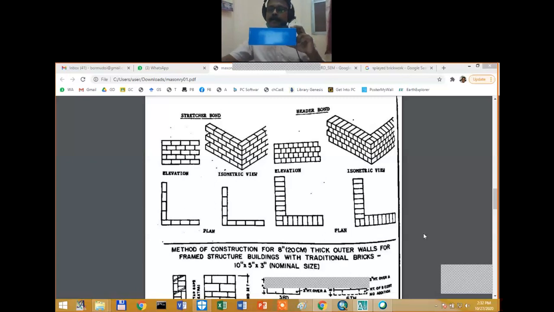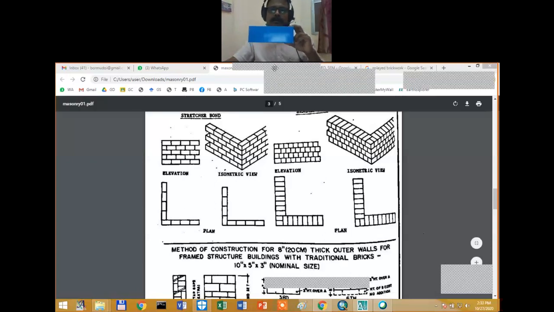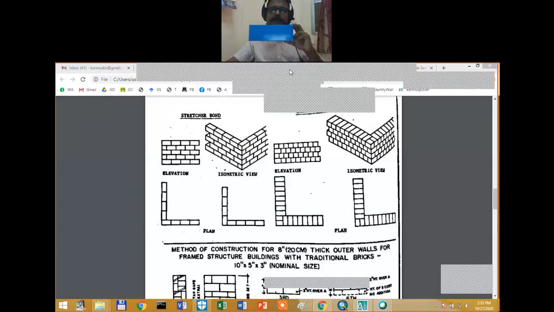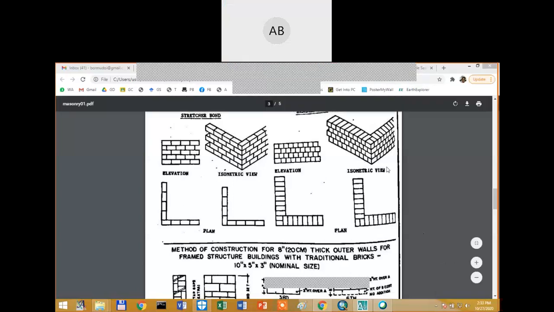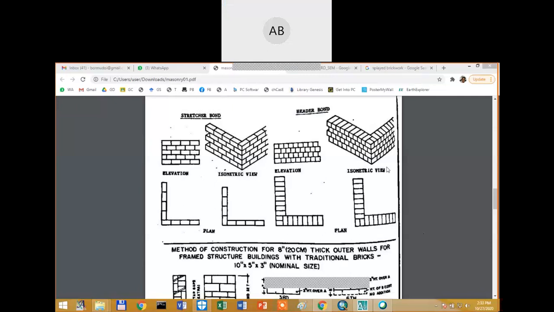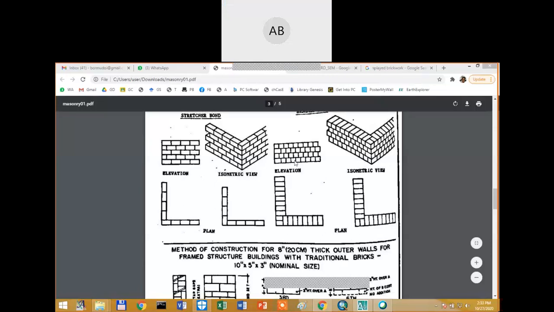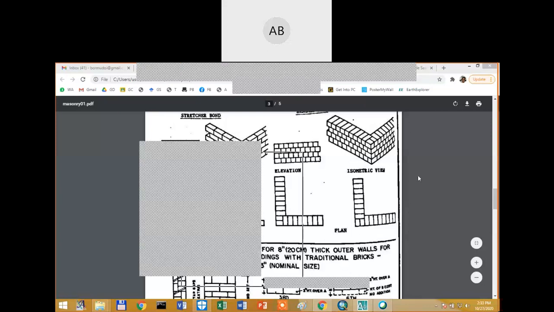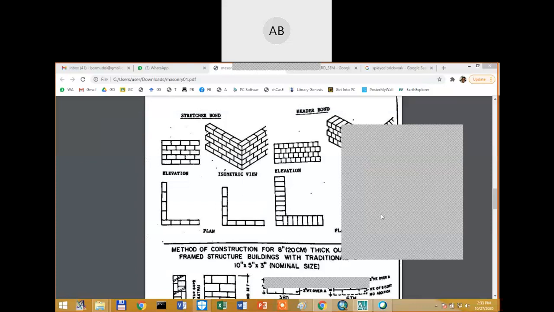Yeah? So I want you to draw these two different arrangements. First of all, do you have this document already with you? I have shared this. Are you listening?